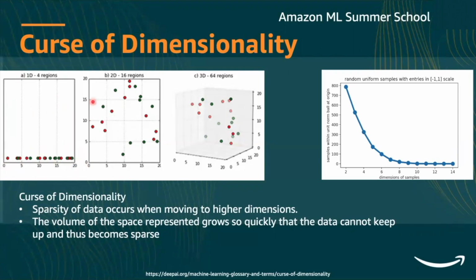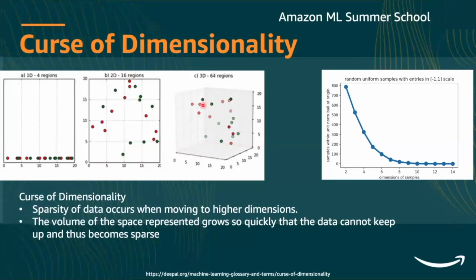But if you move to 2D and you uniformly randomly sample from a 20 cross 20 grid, and let's say 15 to 20 samples, you see there are 16 regions, right? And a majority of the regions are empty, right? Similarly, if you go to 3 dimensions, you'll have 64 regions for 20 samples.